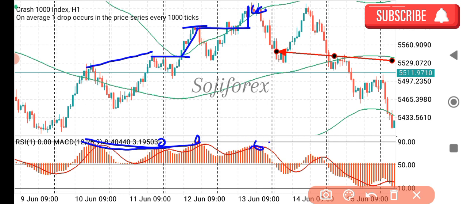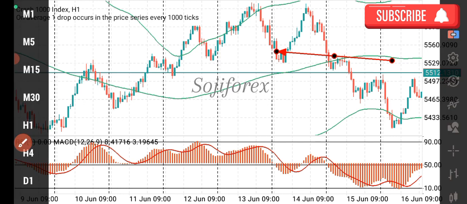When we draw this, you realize that this is high, and this particular one is giving us a lower high. And here we are having a higher high. So there is now a disagreement between what is happening on the price and what is happening on our indicator.